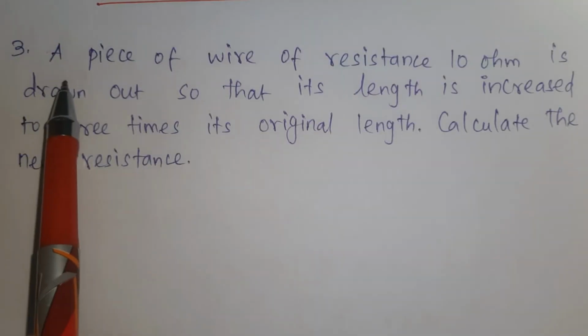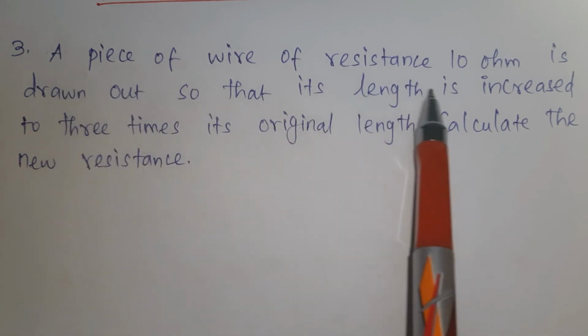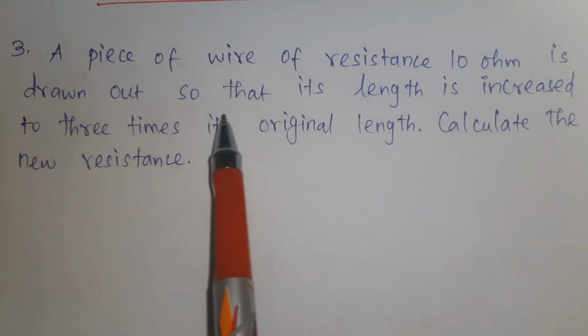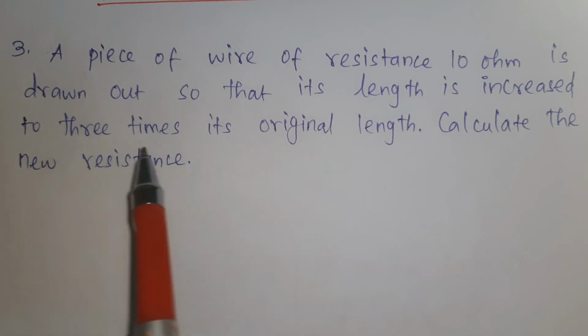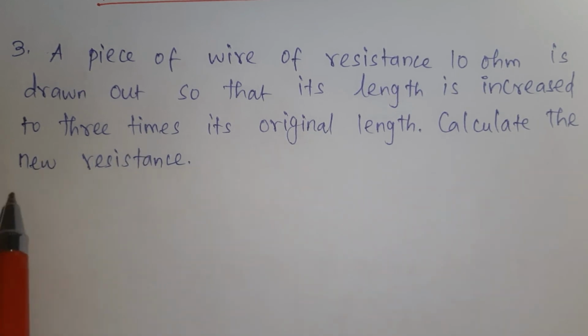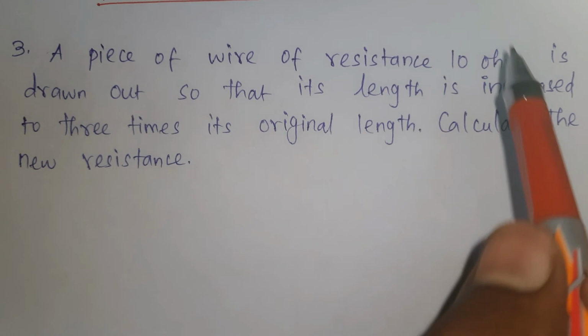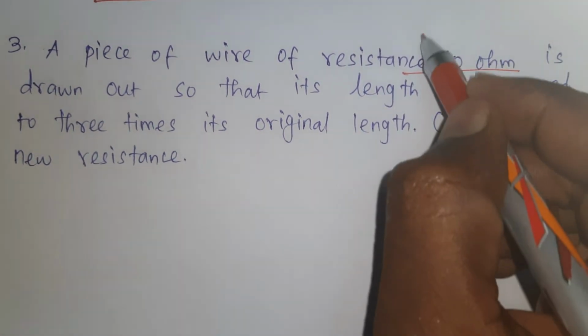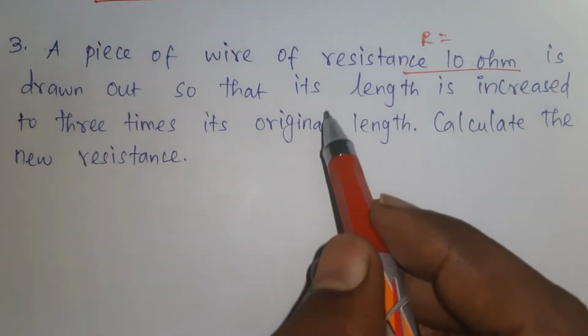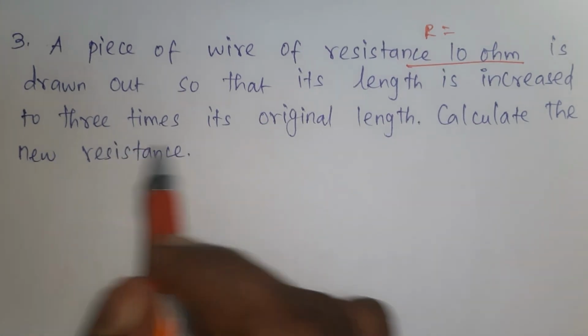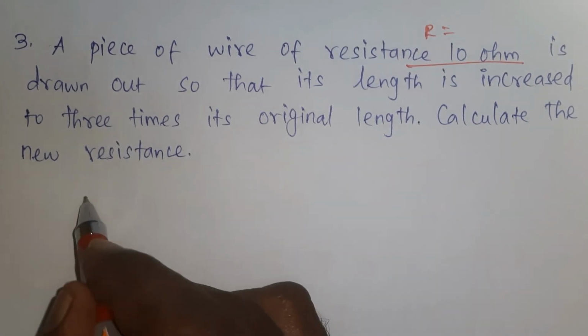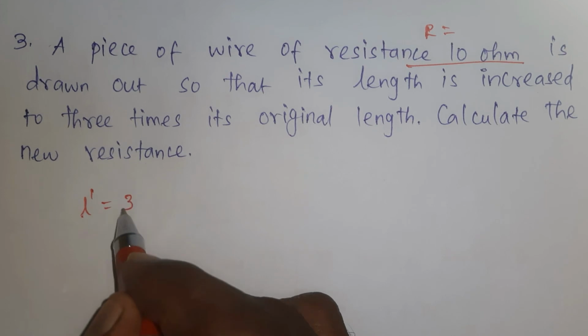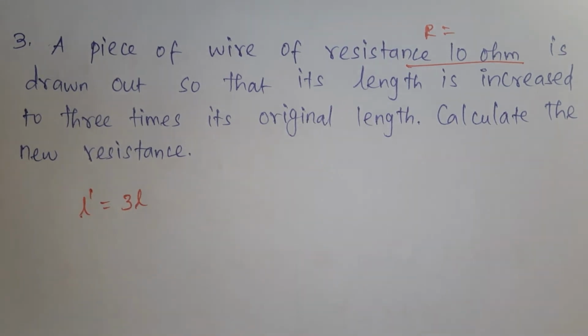Question number 3. A piece of wire of resistance 10 ohm is drawn out so that its length is increased to 3 times its original length. Calculate the new resistance. A piece of wire of resistance 10 ohm, so you can take it as R, is drawn out so that its length is increased to 3 times its original length. So the new length will be 3 times its original length.